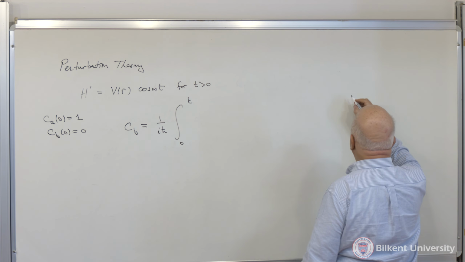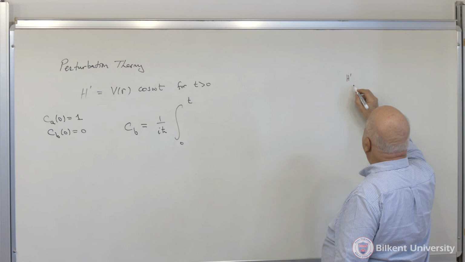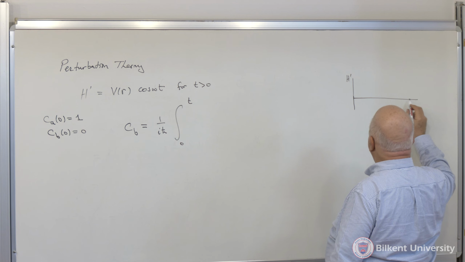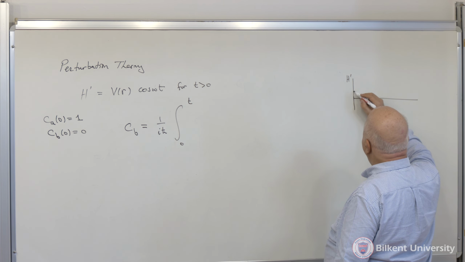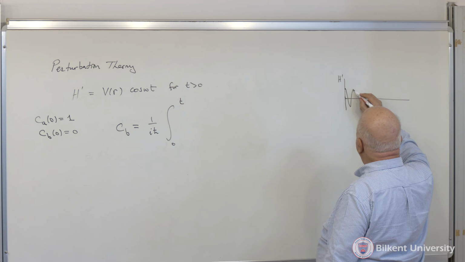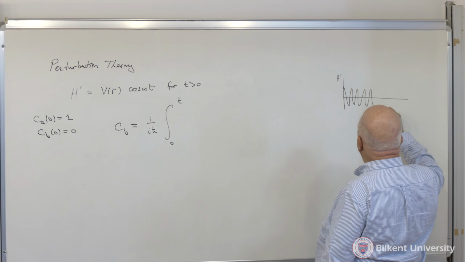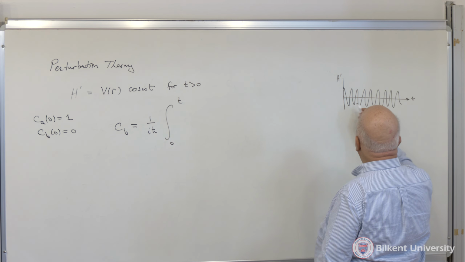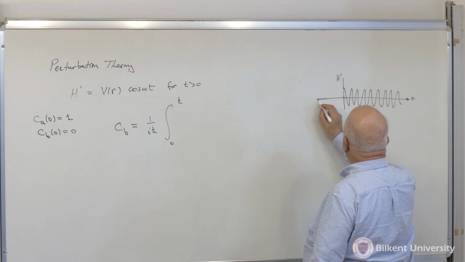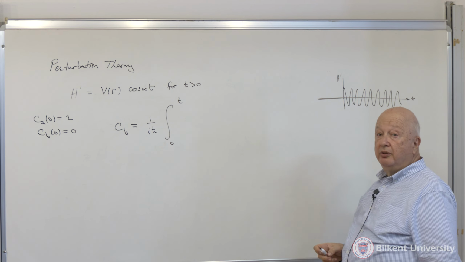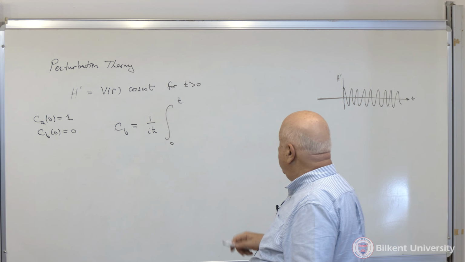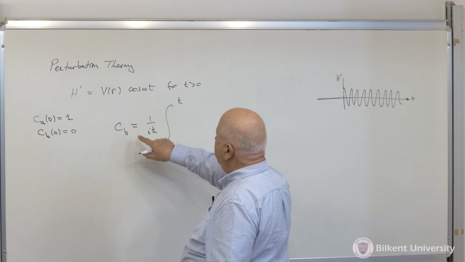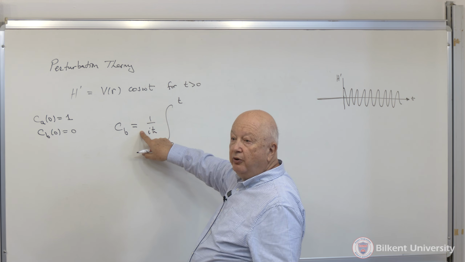So our H prime is going to be something which is constant, and then it will start oscillating at time equal to 0. So this is a function of time. It's 0 until it reaches t equal to 0, and then it starts oscillating. So my C_B at 0 is 0.